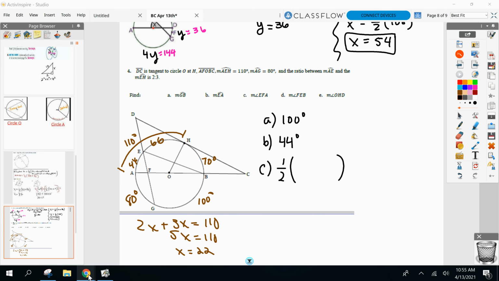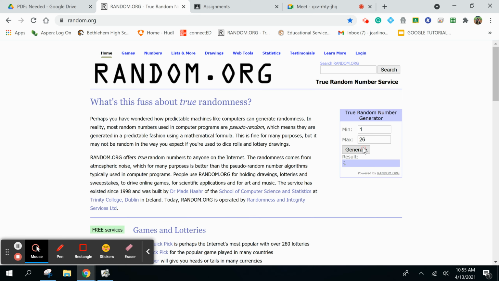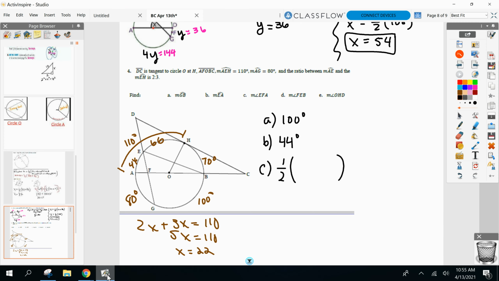Somebody help me out from here now. Who's up? Let's go, Atticus. What's the arc that's formed by EFA? What's its measure? 72 degrees. 72. You're getting way ahead of me. You're giving me the angle, and I don't want the angle yet. I want the arcs that make this up. So EFA, what's the arc measure that makes up EFA?